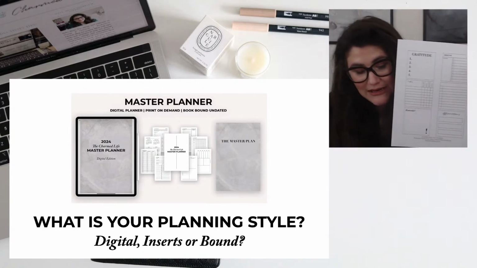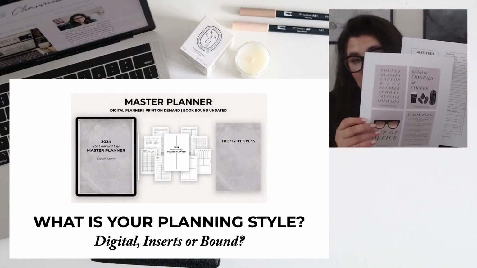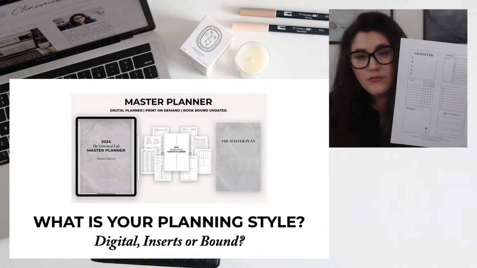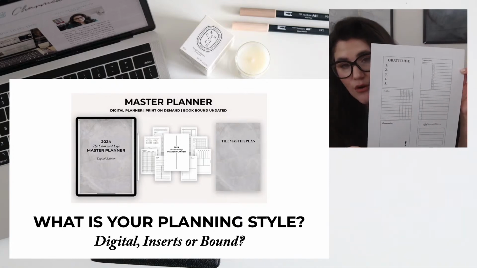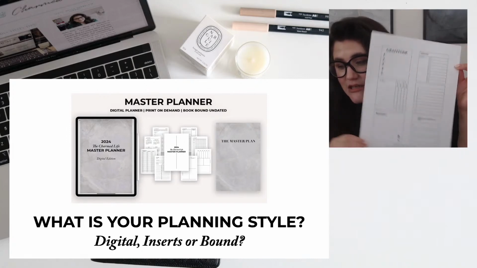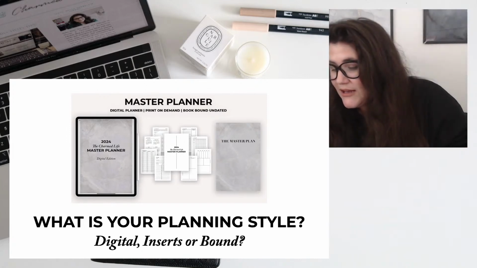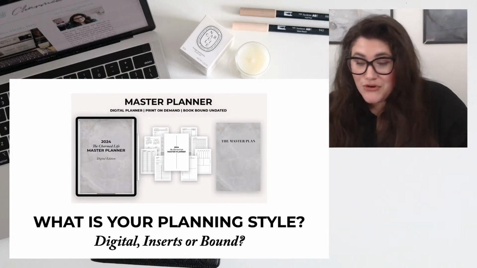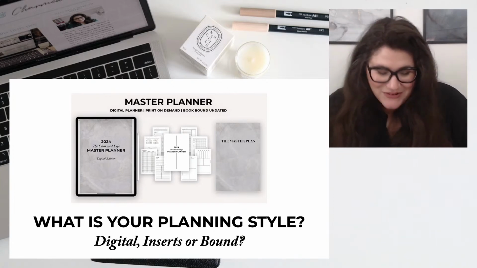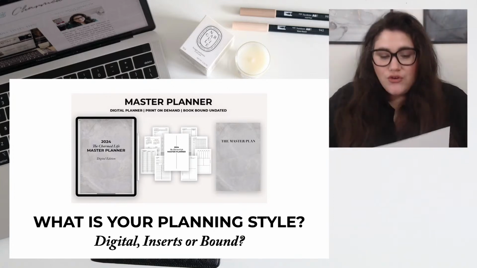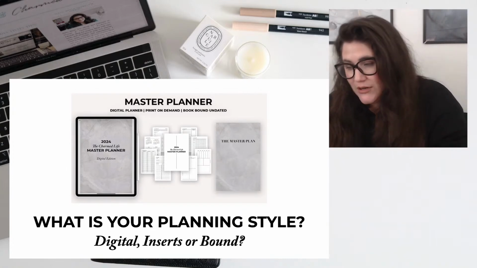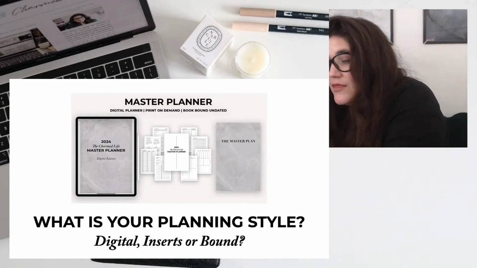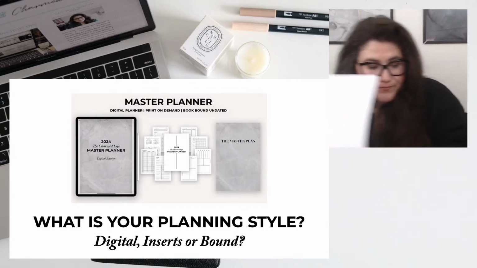Instead of it being white, it is also that grayish color that is from this design. So it's all coordinating with the planner, but you have all of these inserts as well. And you don't need the planner tabs because they're already built into the digital, right? So you are getting a digital version of all of these bonuses if you buy the digital master planner.